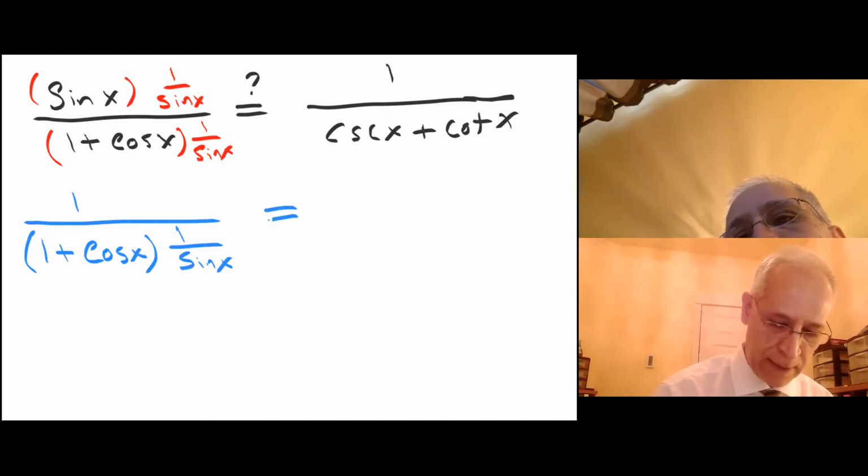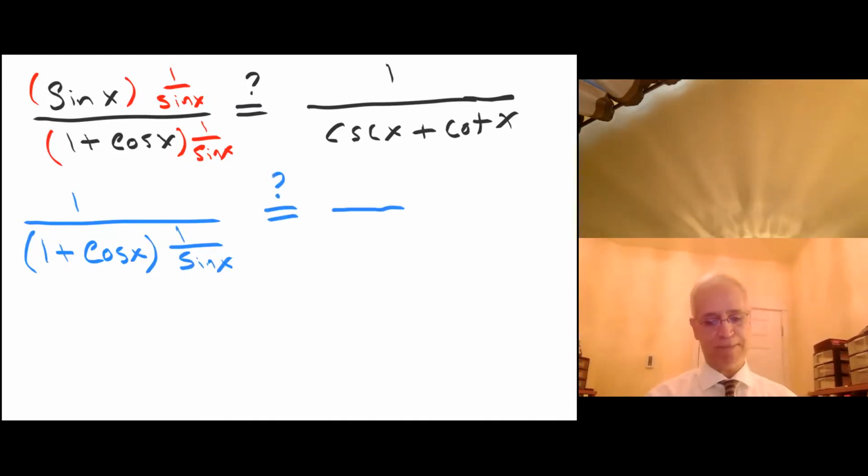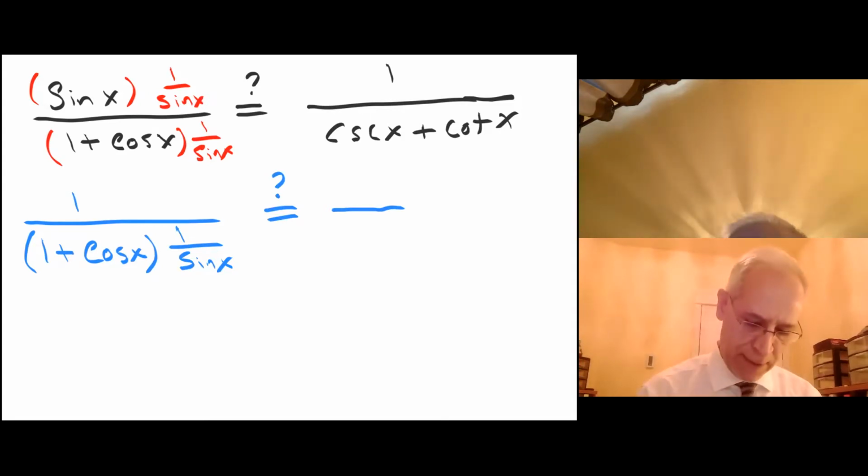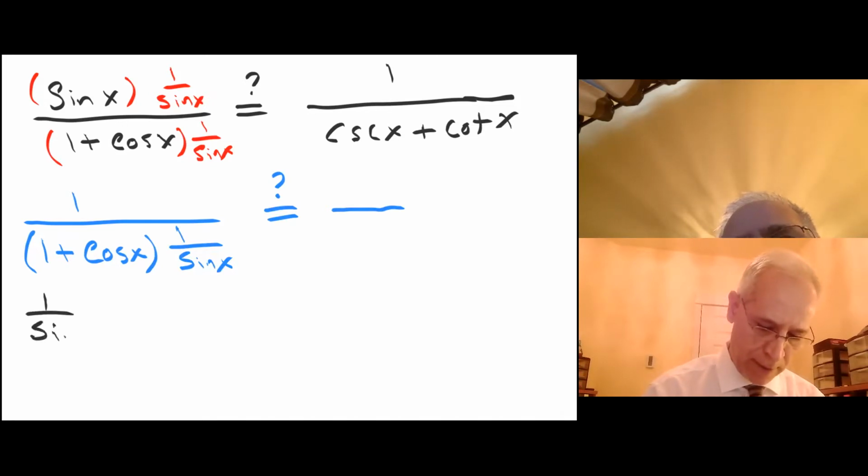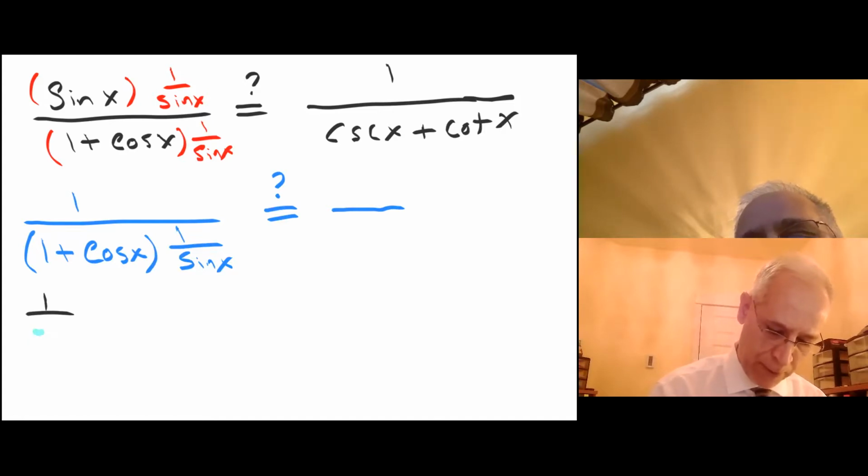And does that equal the right-hand side? Okay, well, let's see. Let's multiply this. 1 times 1 over sine of x, of course, is 1 over sine of x. I'm sorry, I need to be careful with my numerator.